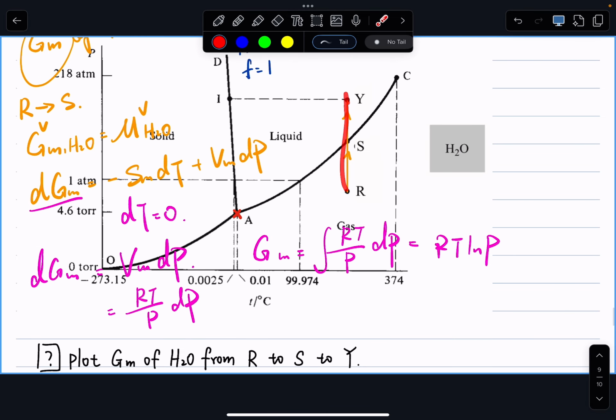In this process, the only thing that's changing is pressure. So we're plotting how my molar Gibbs free energy changes with respect to pressure.